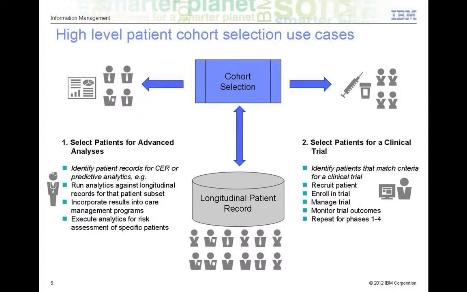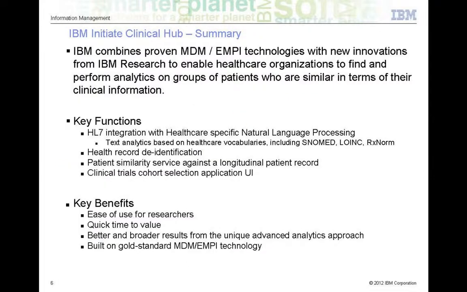And then again, to find people for clinical trials. That's all based on a set of search criteria that I want to be able to run against a longitudinal patient record. I'll build this up over time so then I can search for patients for different purposes, but again, based upon real-time loading of the data.